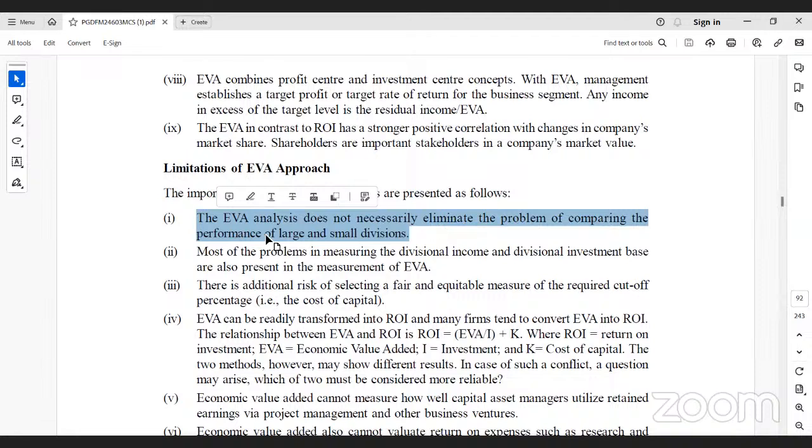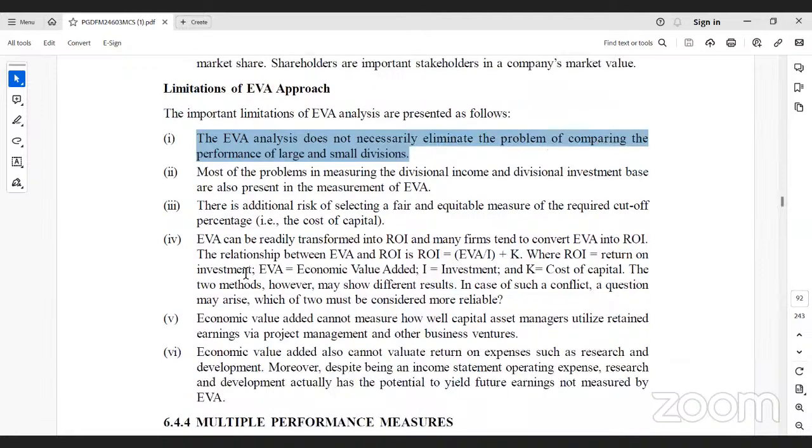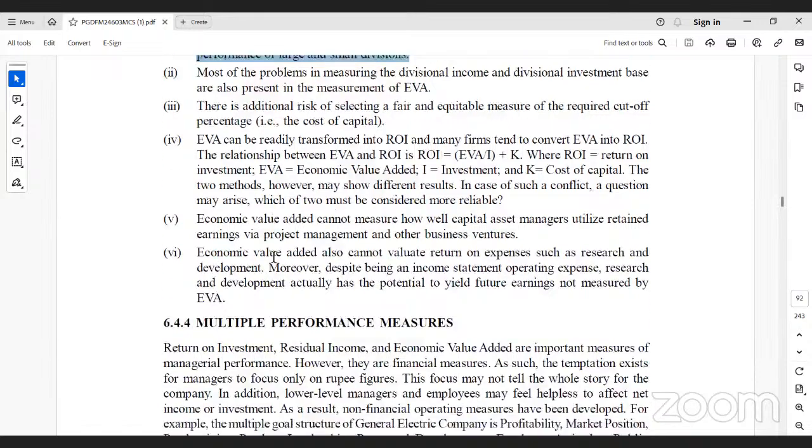Every store is unique, right? So most of the problem lies in measuring the divisional income and divisional investment base. There is also the additional risk of selecting a fair and equitable measure for the required cutoff percentage. These are some limitations.